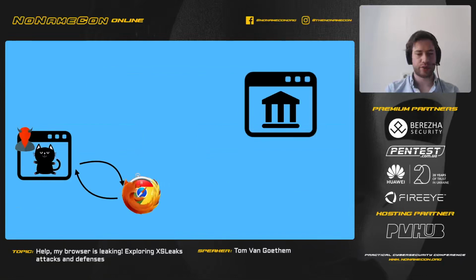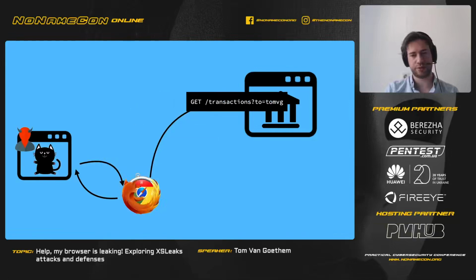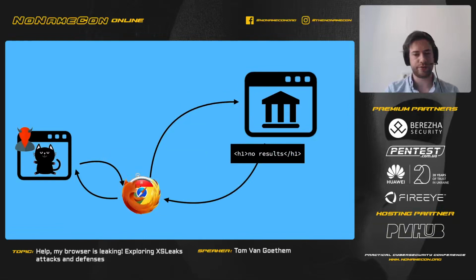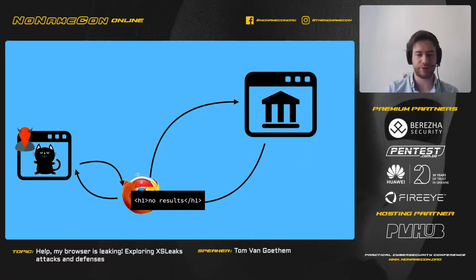So let's look at the scenario from before where we visit this malicious site, and this site will trigger a GET request to transactions to Tom VG. It will send it to the site of the bank, and unfortunately there were no transactions to Tom, so it will return no results.